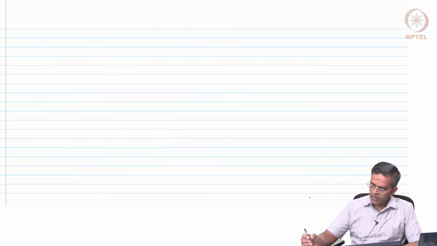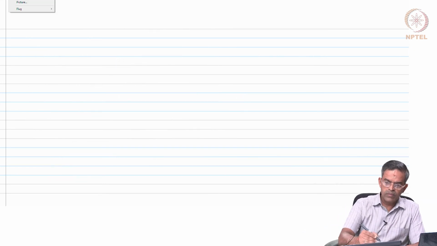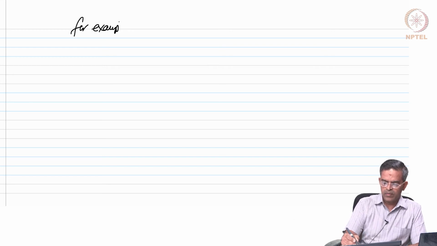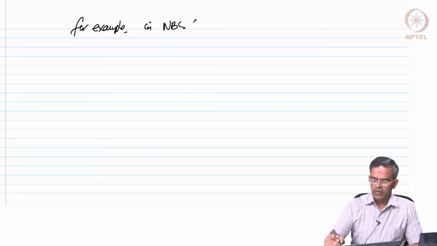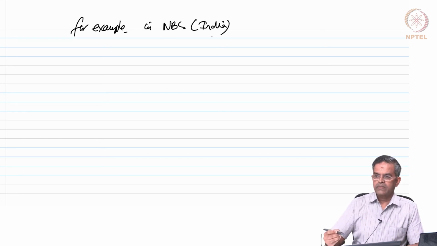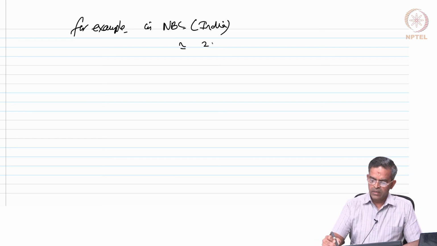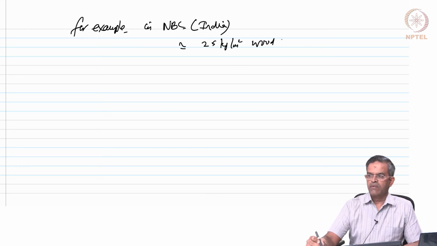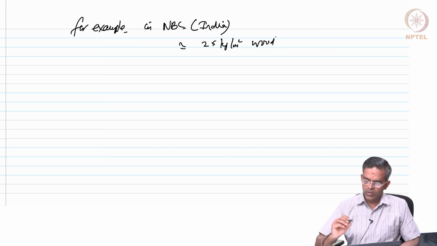For example, in National Building Code of Indian practice, it is said as 25 kg per square meter of wood equivalent.